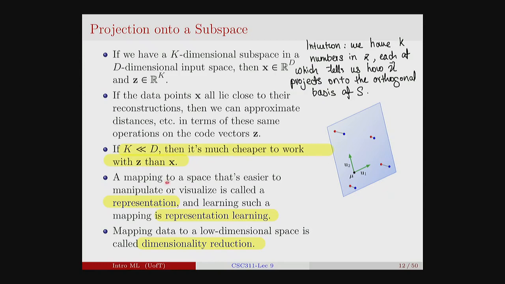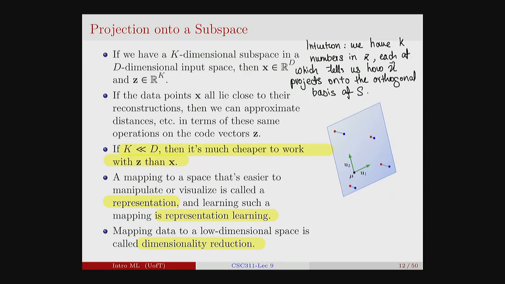And so a mapping to a space that's easier to manipulate or visualize is called a representation, and learning such a mapping is called representation learning. And when you go on to study more advanced topics in deep learning, you learn about many, many different ways to learn representations. And we're talking about the very simplest concept of representation learning here, which is a linear representation.